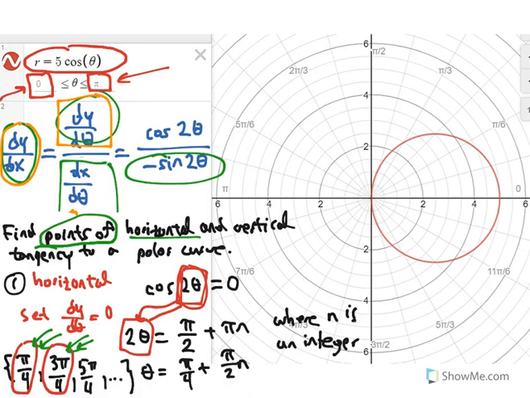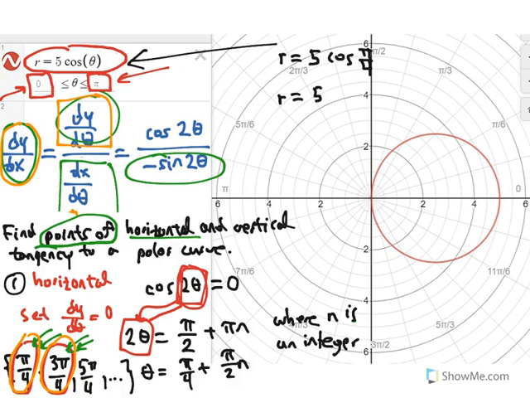So what we have is the following. We will have horizontal tangent lines to our polar curve at the points that correspond to these two values of θ. So to find the points of horizontal tangency, we need to go back to our polar equation, and we need to evaluate our polar equation at θ equal to π/4 and at θ equal to 3π/4. So we will have r equal to 5 times cosine of π/4.